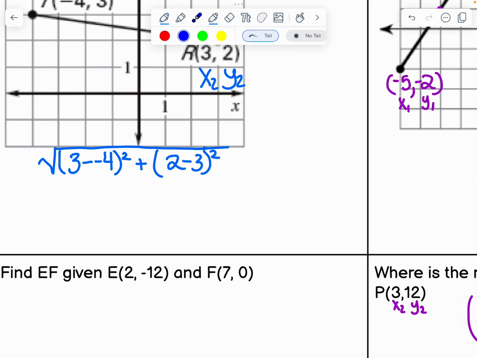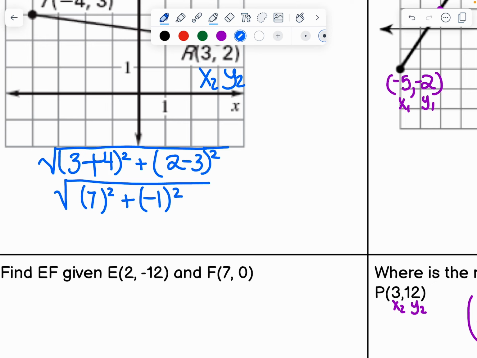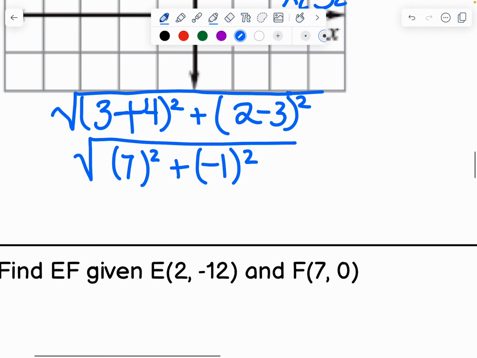We have a double negative, which is going to turn into a positive right there. And so right here we have 3 plus 4 is 7 squared, plus 2 minus 3 is negative 1 squared. 7 squared is 49.